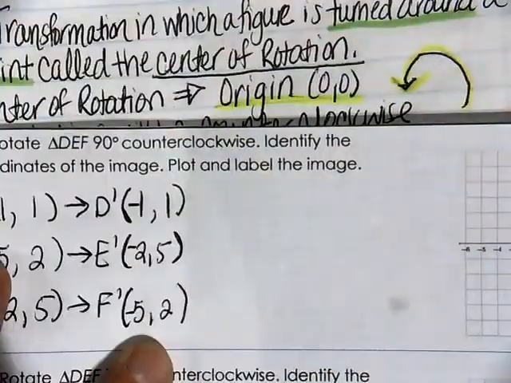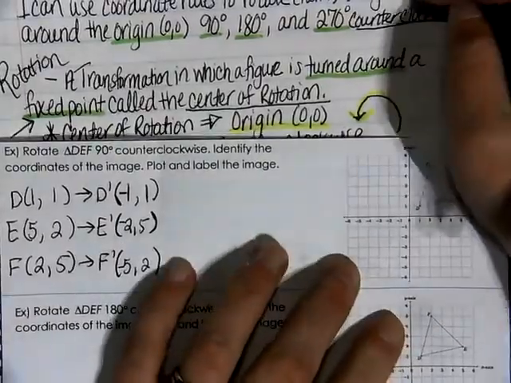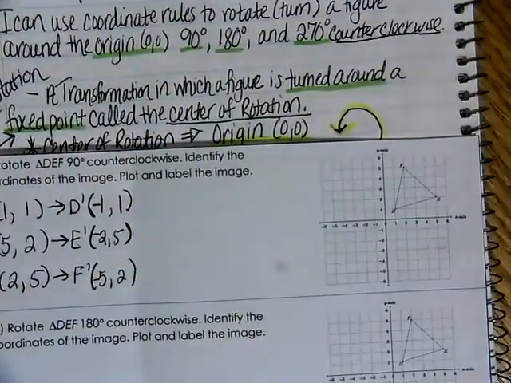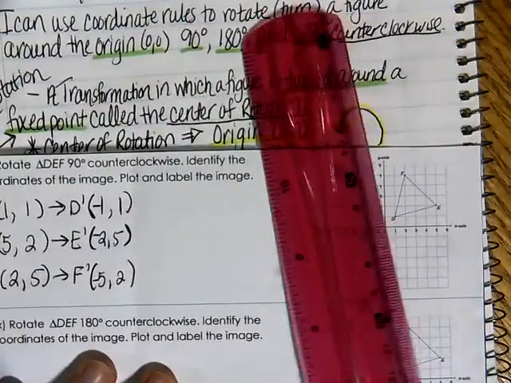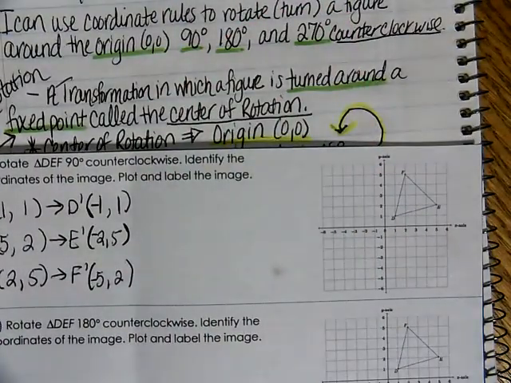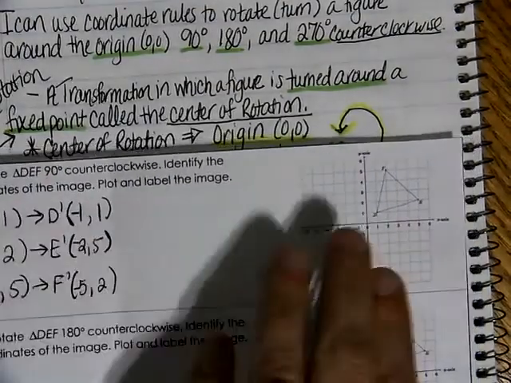Now I'm going to plot D prime, E prime, and F prime on my graph. If it helps you to have a straight edge, I would recommend having a straight edge, or just using the side of a packet is perfectly fine as well.